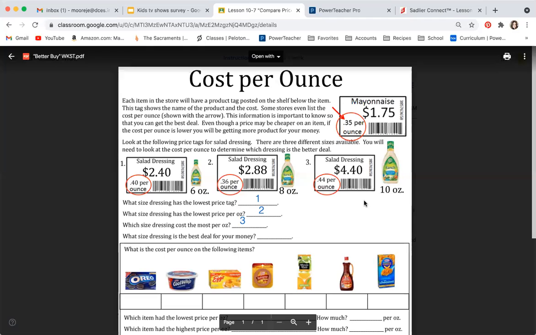I don't want to use the word scam, but they're taking advantage of the fact you need more product and are willing to pay more for a bigger bottle, even if it costs you more per ounce, just for the convenience of having it in one place, in one bucket, in one package. I know sometimes in my household, I'm willing to spend a little bit more to get the size of box or bottle that I want in my cabinet.